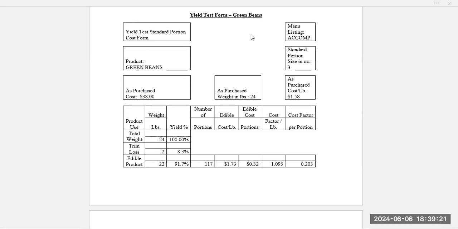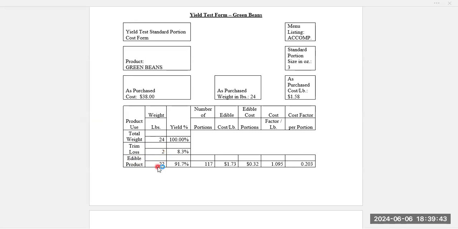Let me spotlight, because some of you may be looking for my red marker and not seeing it. So tell me that you see my red stuff now. Yes, sir. Good. So remember now, his trim. When he's done trimming, he might get 2 pounds. So he subtracts the 2 pounds from the 24 pounds and gets 22 pounds.